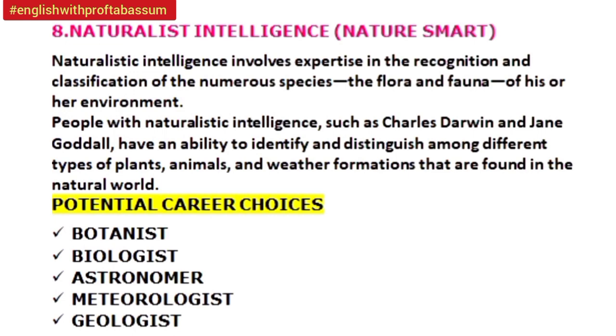You have more knowledge about it. Examples would be Charles Darwin and Jane Goodall. They have an ability to identify and differentiate among different types of plants, animals, and weather formations found in the natural world. Good career options for this type of intelligence would be a botanist, biologist, astronomer, meteorologist, or geologist.